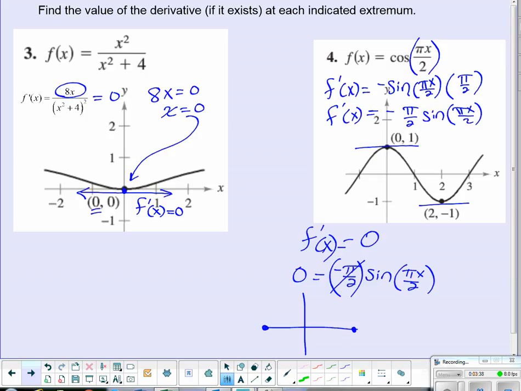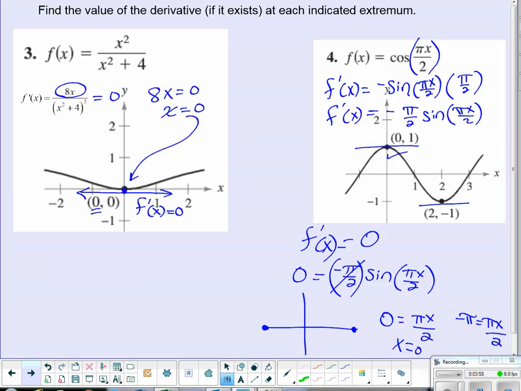So I would take 0 and set it equal to pi x divided by 2. And I also could take negative pi and set it equal to pi x over 2. In this scenario, if I multiply by 2 and divide by pi, I get x equals 0.